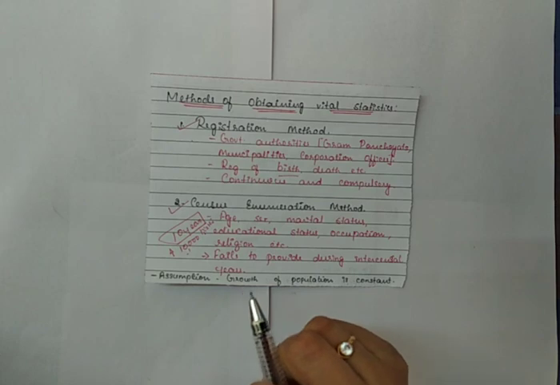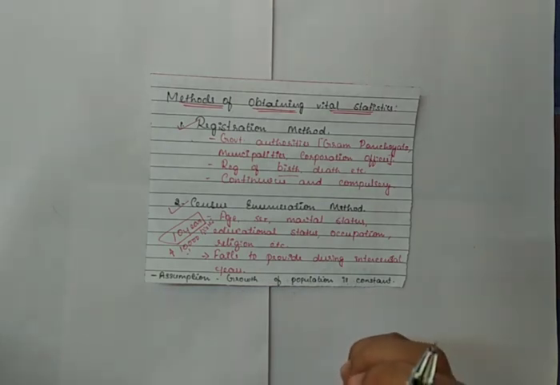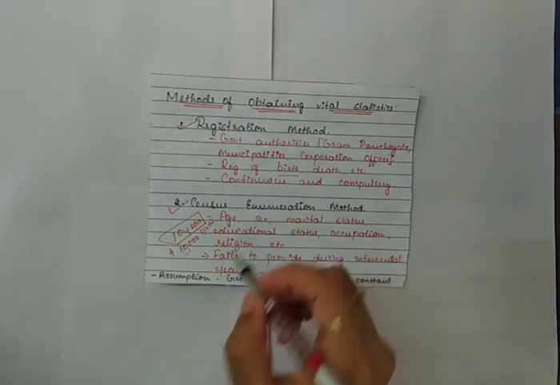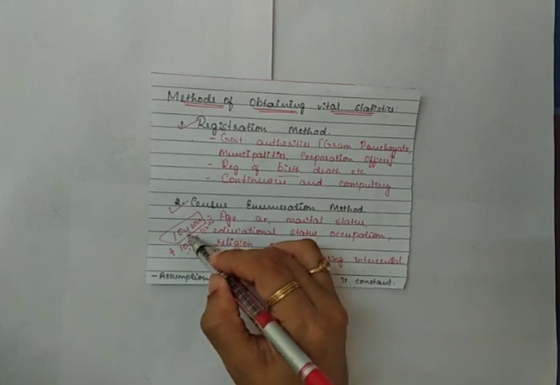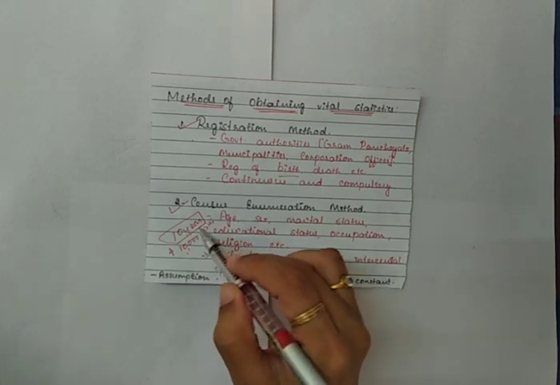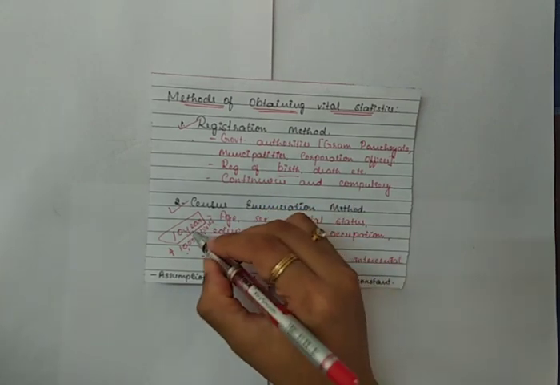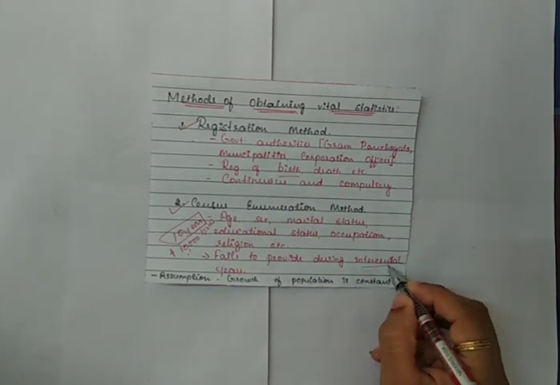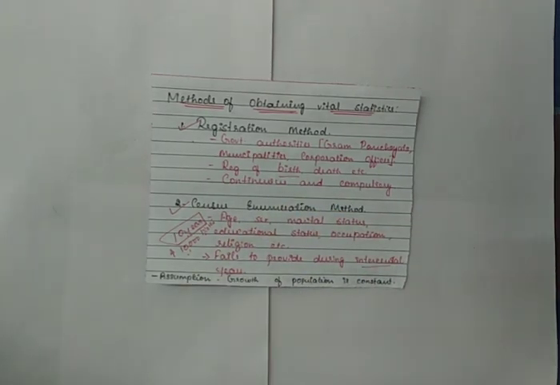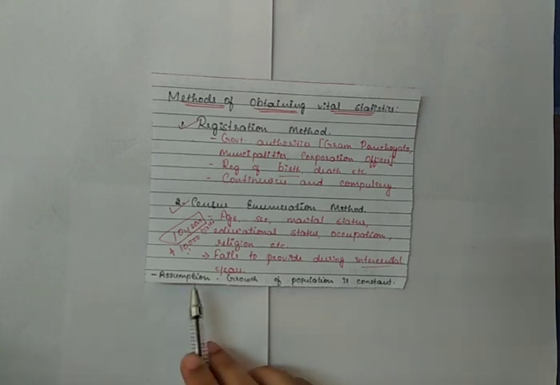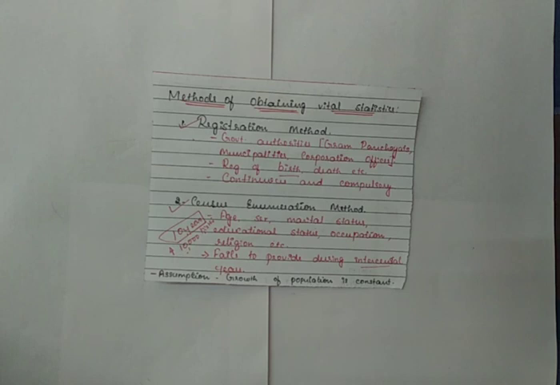But there is one drawback when it comes to census enumeration method. As you all know, census takes place every 10 years, and the gap between every 10 years is called intercensal years. How can we get the data for the intercensal years? It goes purely on the assumption that growth of population is constant.